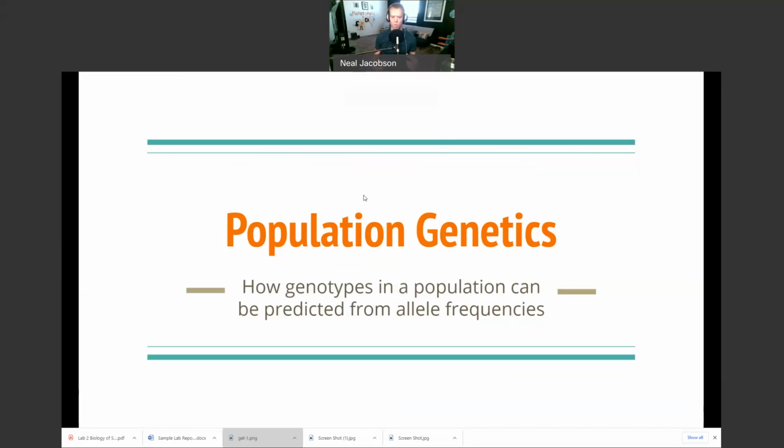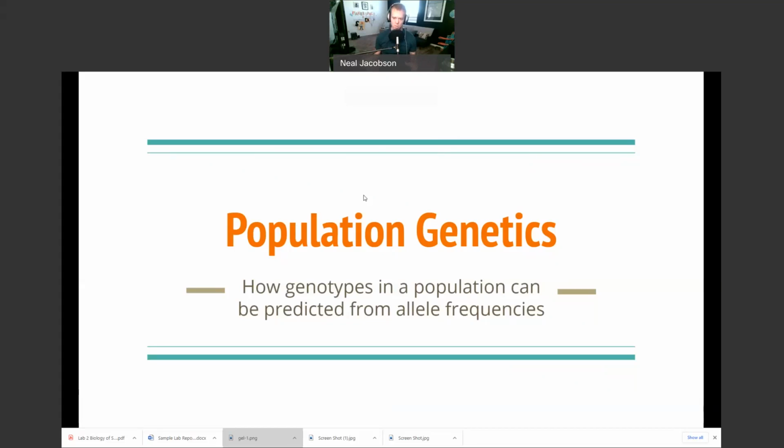If you look at how frequently that variant shows up in the gene pool, like in the population, you can use those numbers to predict what kind of genotypes you might see. Would I see a lot of homozygous genotypes or heterozygous genotypes? And then if I know how those genes behave when they go from the gene to the phenotype, I can predict what kind of phenotypes are in this population, just from knowing my allele frequencies.